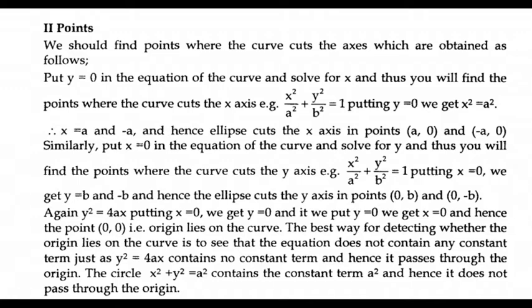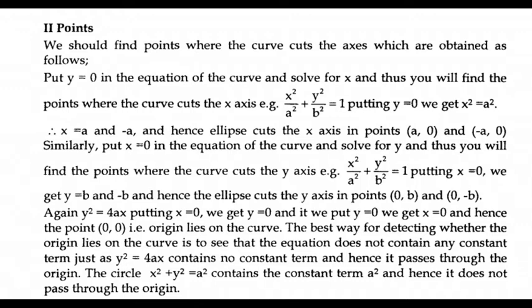Similarly, to find the points where this ellipse cuts the y-axis, x will be equal to 0. So substitute x is equal to 0. When you put x is equal to 0 here, this term becomes 0. y square by b square is equal to 1, which implies y square is equal to b square.